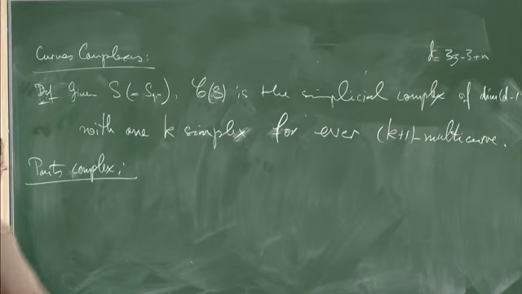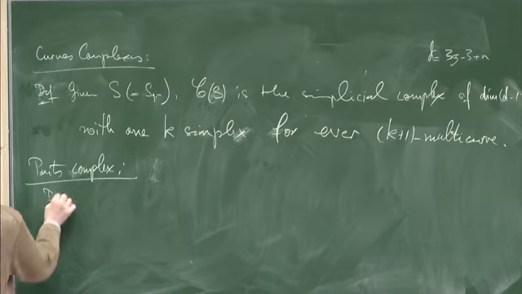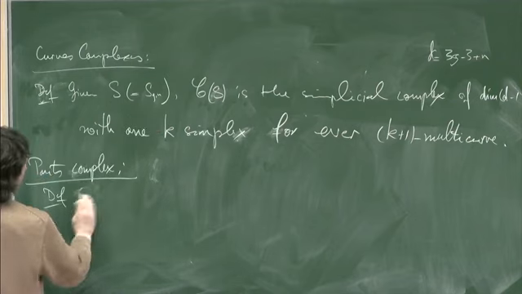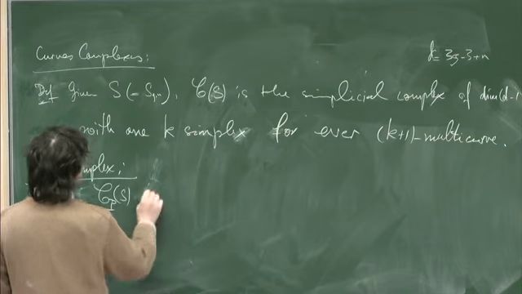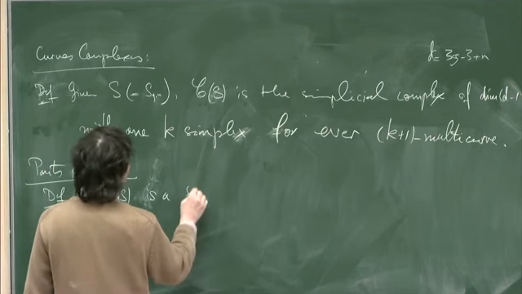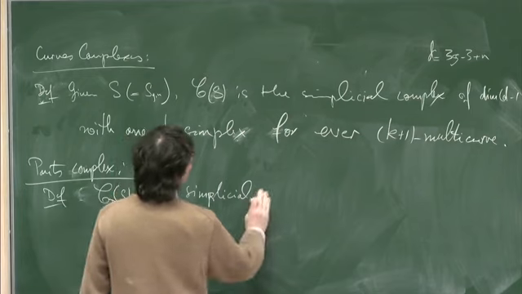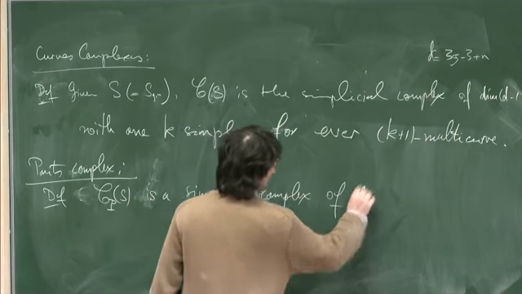The Pants complex. Definition: same thing. C_P of S is a simplicial complex of dimension 2.